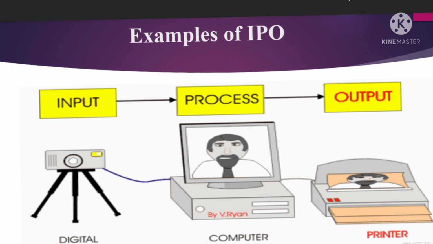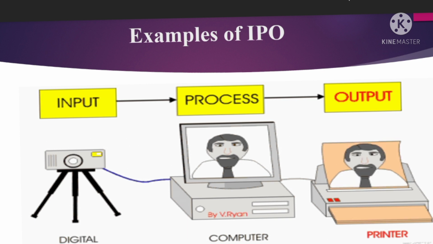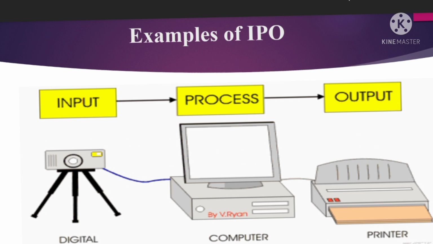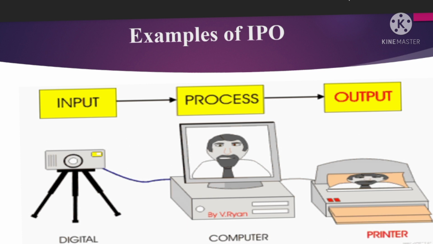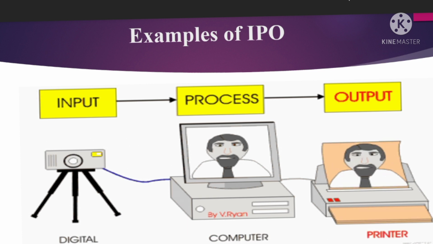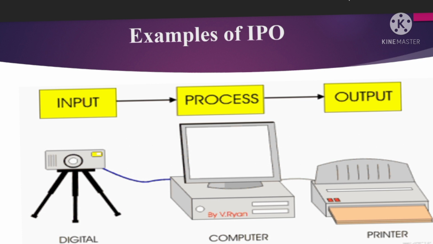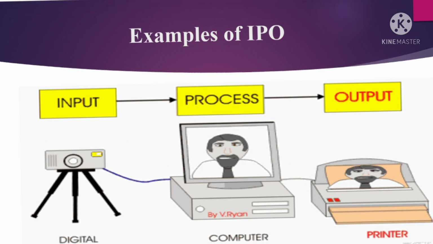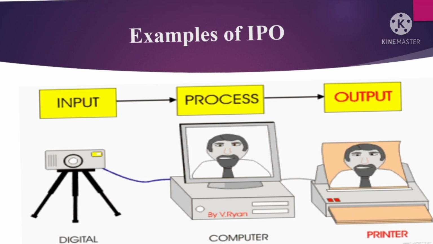It can be memory cards or smart disks, right? As you can see in this picture over here, a camera that records the images in digital format, and that's the reason we call it a digital camera, right? So that is the input where you capture the image and it processes it, and finally it gives you the output through the printer, right? That is what you get in digitalized format. Let us move on to the next one.